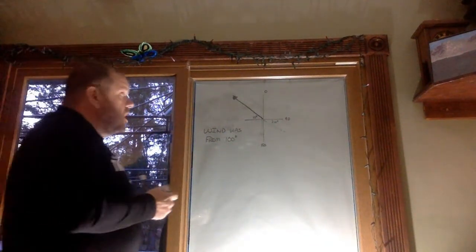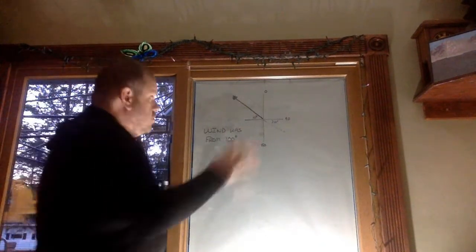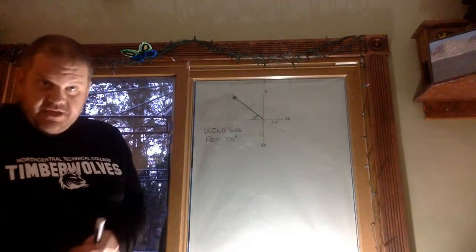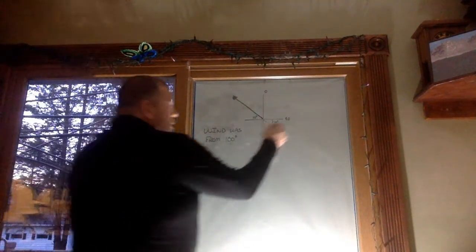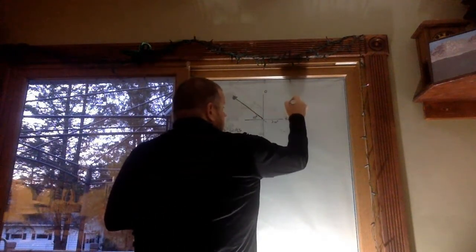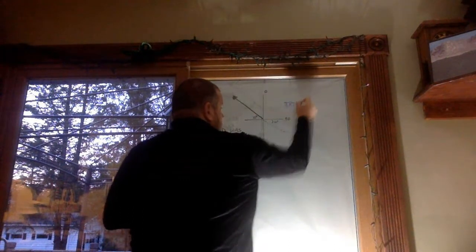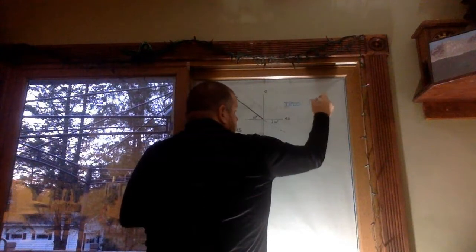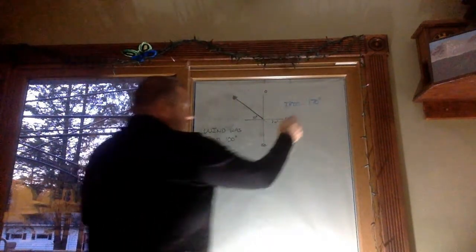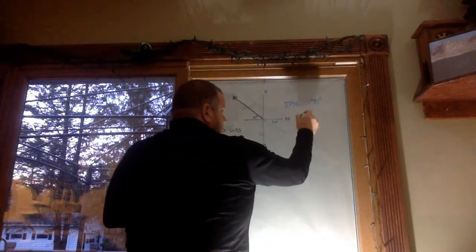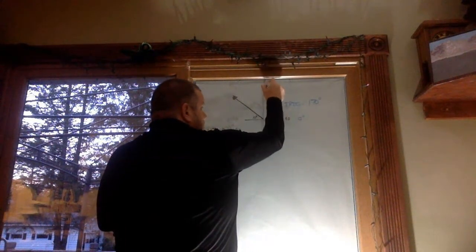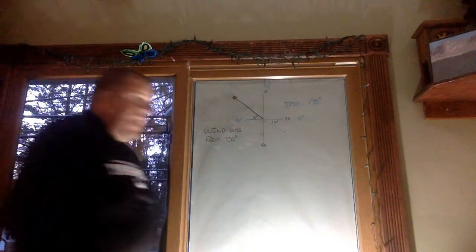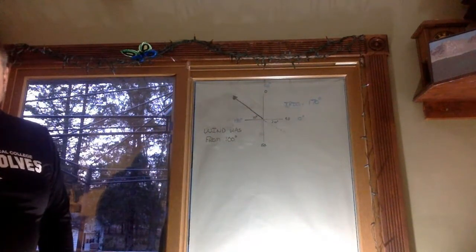So where it was going to, it would be going to 280 degrees, or if we wanted to use the trig angle for it, the trig angle would be 170 degrees, because now with trig, 0 is there, 90 is there, and 180 is there.